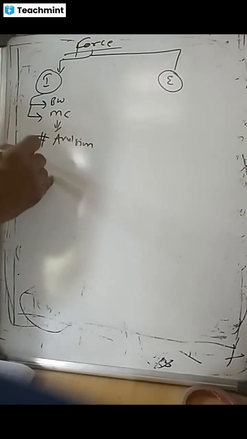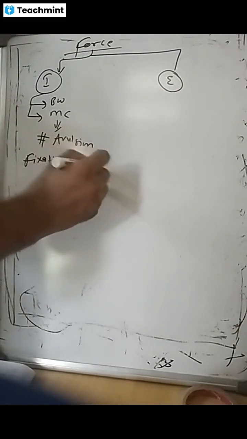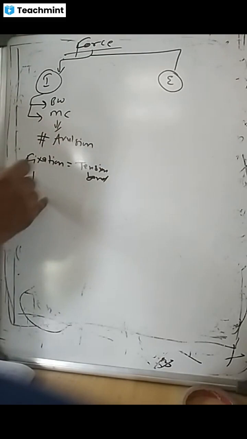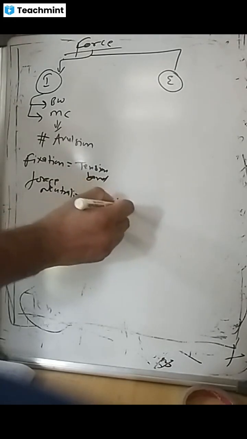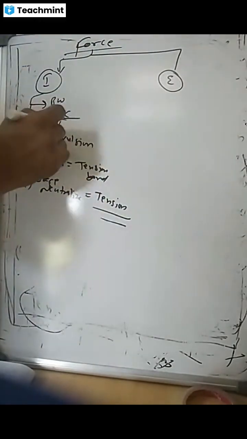What was the fixation? Tension band, and what force was neutralized here? That was the tension force. Muscles were pulling. This muscle contraction was pulling the bone, causing the fracture.